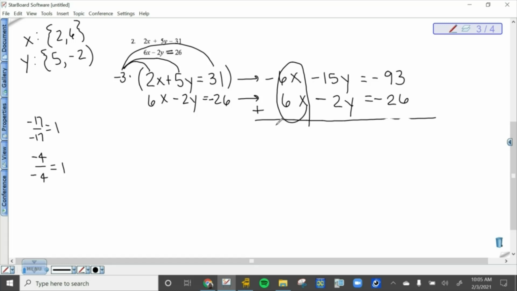So again, negative 6x plus 6x is 0. Negative 15y minus 2y is negative 17y equals negative 93 minus 26. What's that going to give me?